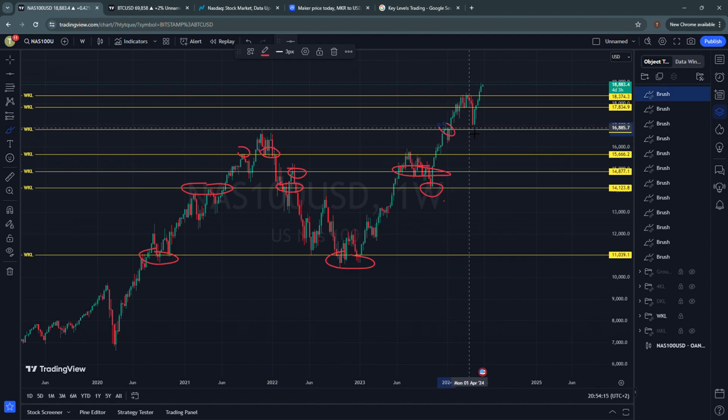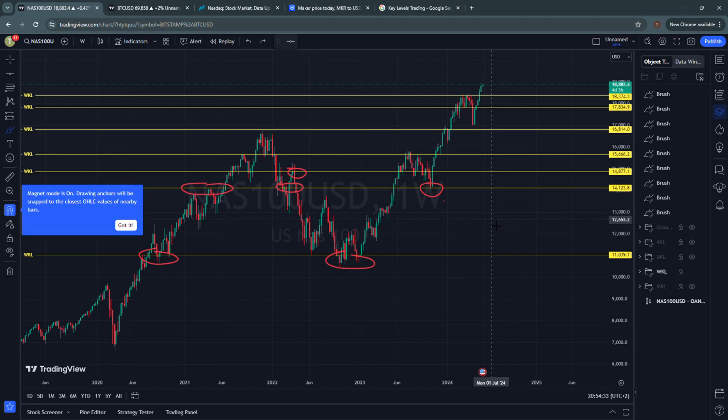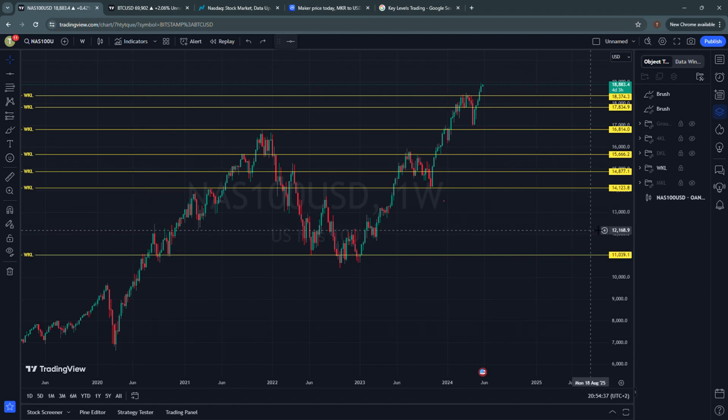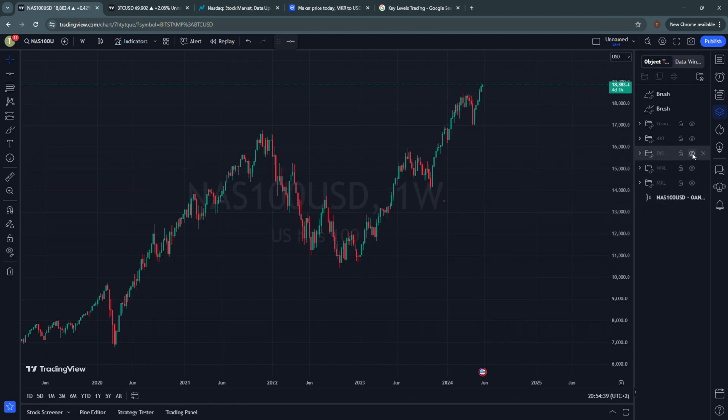It consolidates for clearly 2 weeks, and we found a lot of support here at the 16,800, and NASDAQ's finding itself comfortable between 17 and 18,000 now. As you can see, we've been there for multiple weeks. There we go, and that was a weekly key level.